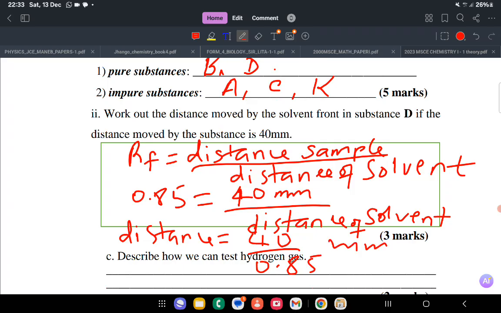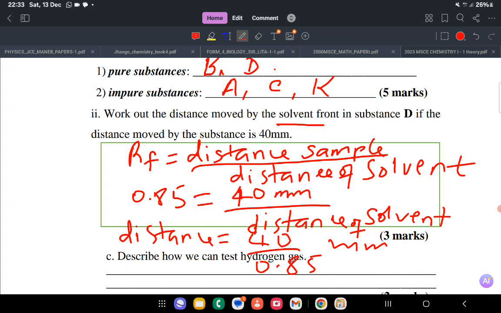Whatever you find will be the distance moved by the solvent front. Make sure you know this.